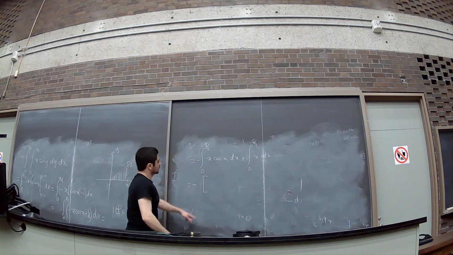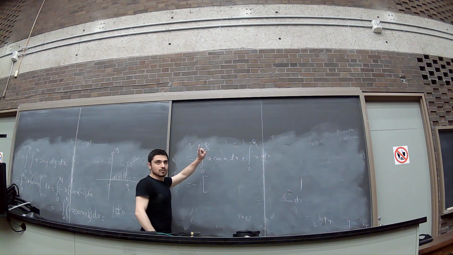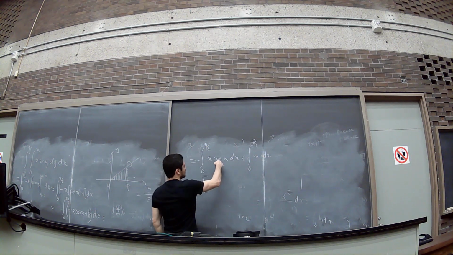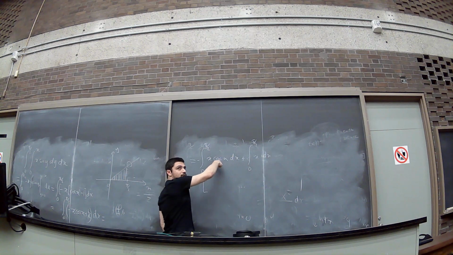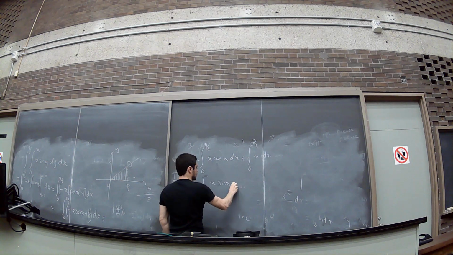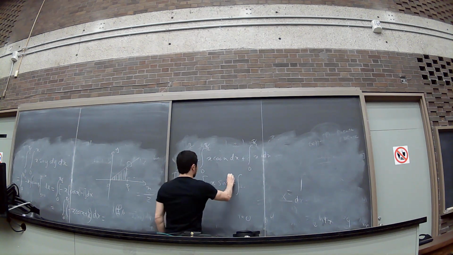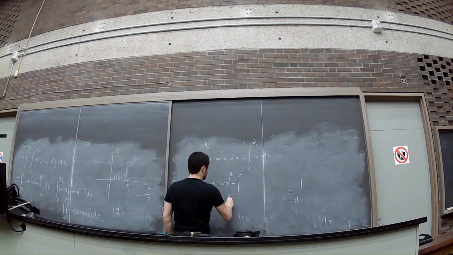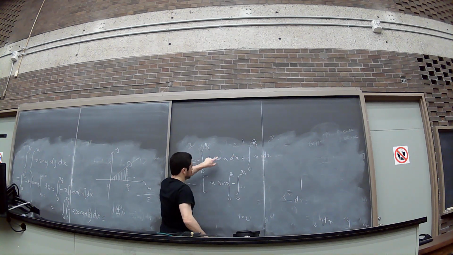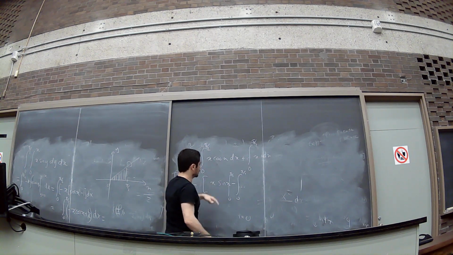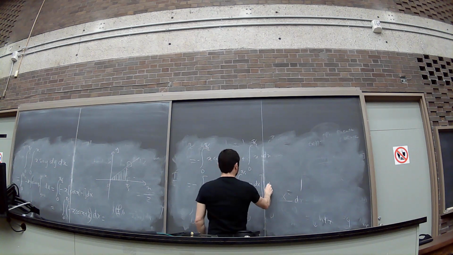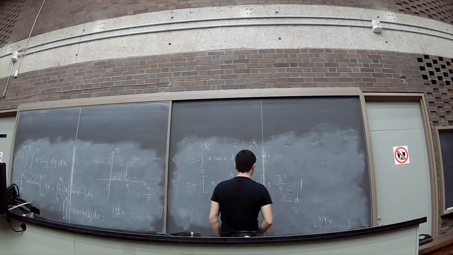This is minus u prime v. If cos is u prime, what is u? Sine. Minus the integral from 0 to pi over 2, again u prime v, so v prime u. Plus pi squared over 4.